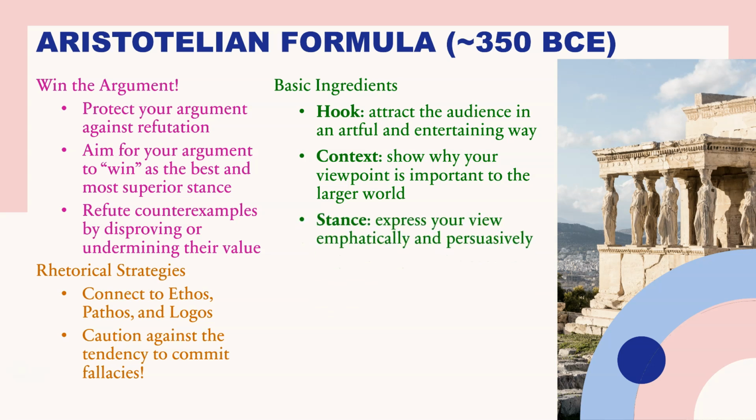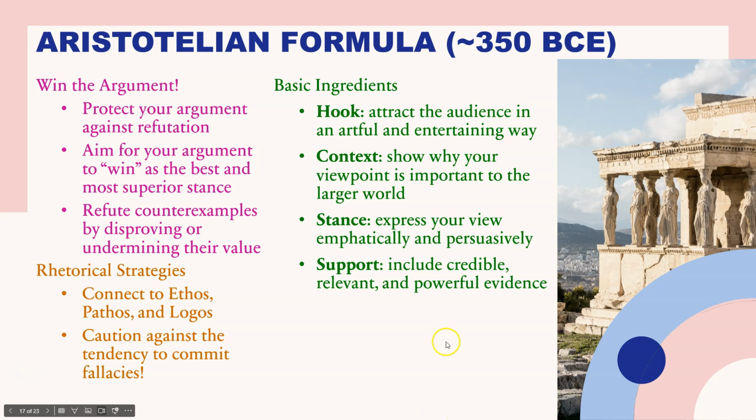And then you express your stance emphatically and persuasively. You get kind of hyped up when you present your thesis. Providing support, as always, including credible, relevant, and powerful evidence, focusing on the value of expertise, the value of eminent or powerful, famous scholarship.